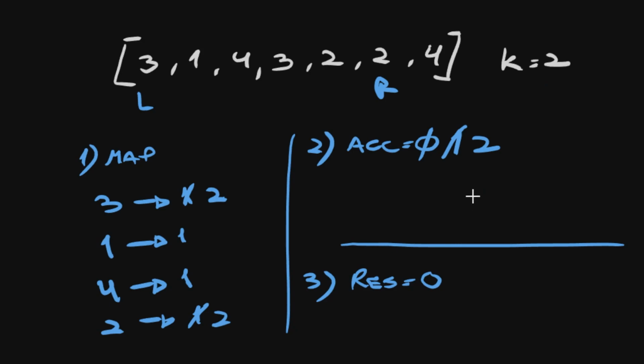Well, remember that a good subarray includes at least k equal pairs. So we know that this subarray is valid, and we also know that we could add any number to this array and it would still be valid.